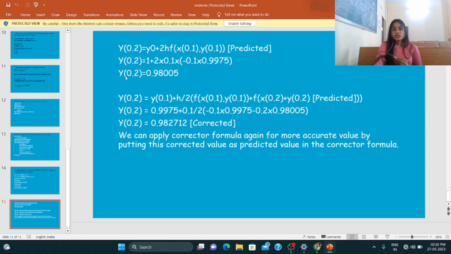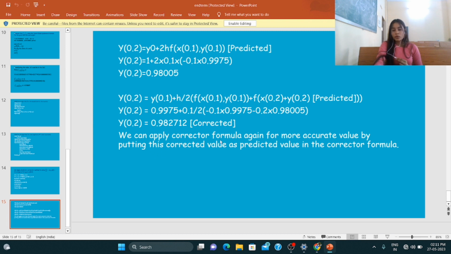And on solving the above equation, we get y of 0.2 as 0.98005. y of 0.2 equals to y of 0.1 plus h by 2 of f of x of 0.1 comma y of 0.1 plus f of x of 0.2 comma y of 0.2, which is again predicted. y of 0.2 is equal to 0.9975 plus 0.1 by 2 of minus 0.1 into 0.9975 minus 0.2 into 0.98005. On solving which, we get y of 0.2 as 0.982712, which is corrected.